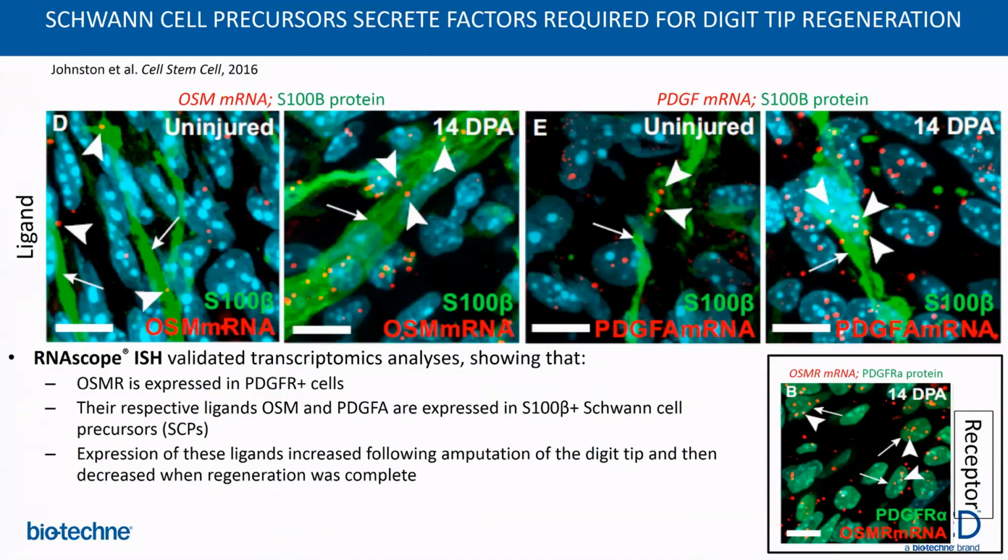The OSMR RNA is shown in red, and PDGFR protein is shown in green. Moreover, the authors were also able to use RNAscope to support their finding, which showed expression of the ligands increased following amputation of the digit tip, and it then decreased when the regeneration was complete, therefore helping the overall take-home message of the paper.